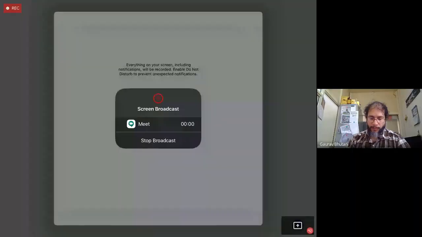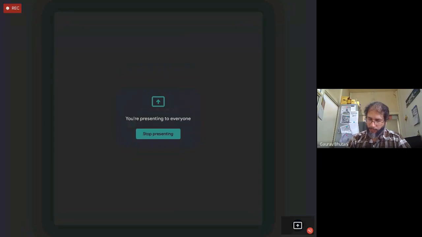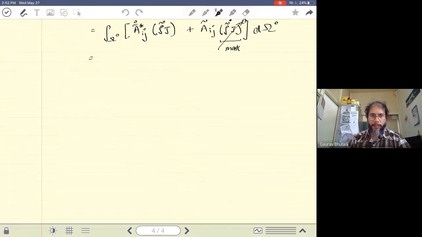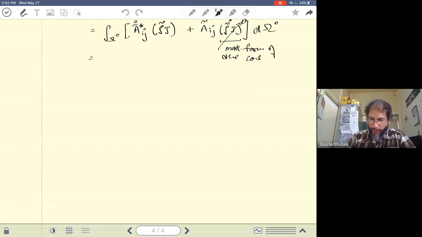Let's try to sort that out. All right, so we're back. So the second term, rho tilde times J with a dot on top, is 0 using the material form of the conservation of mass equation.